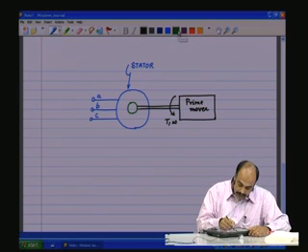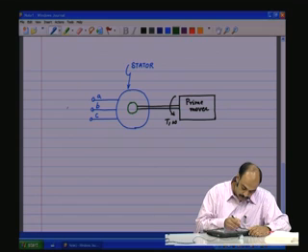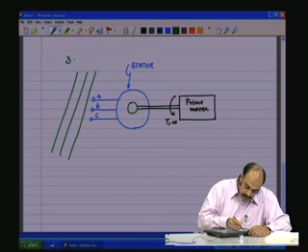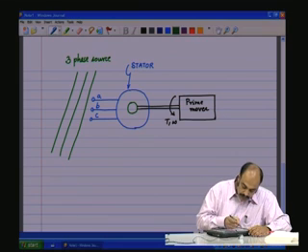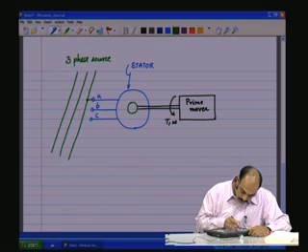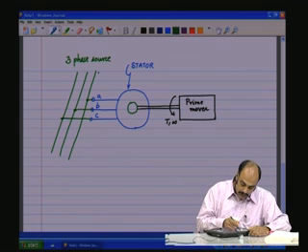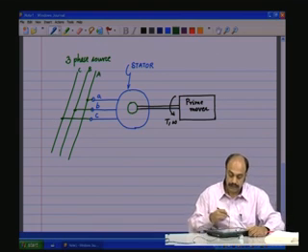Now let us say the sources are connected to the three-phase mains. Okay, this is the three-phase source. So these are the feeder lines of the three-phase source, and we make the connection, so this is the A, B and C phases.